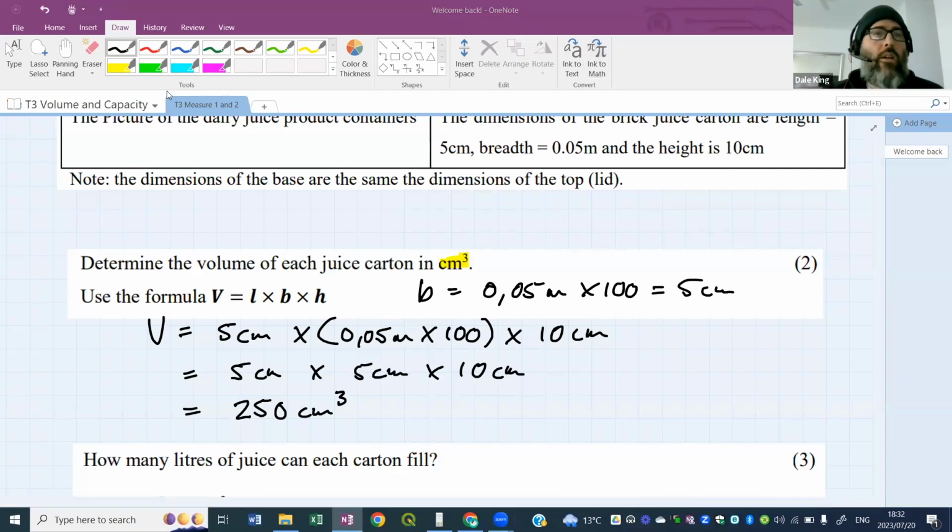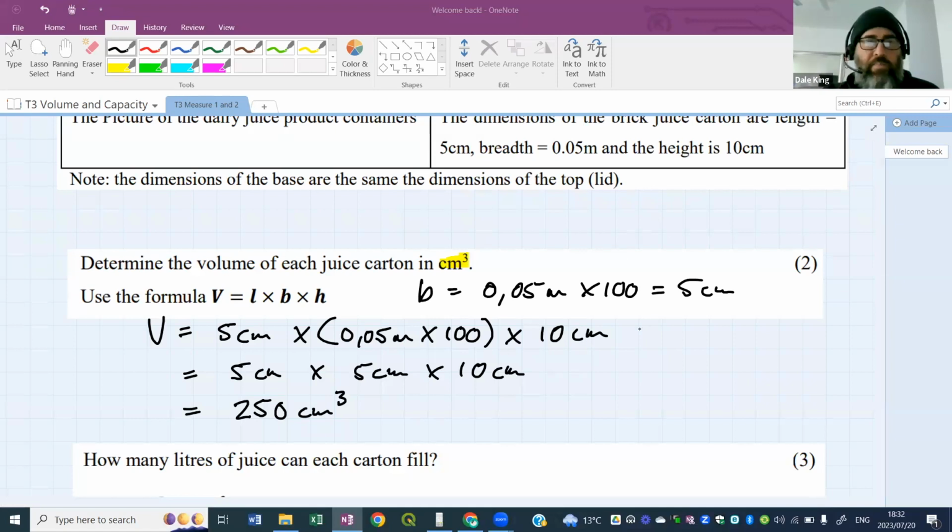If you're not getting that, if you have any questions, please shout. If you're thinking, hey sir, hold on, what's happening there? Then please shout. Yes, you should all be getting 250 centimeters cubed.